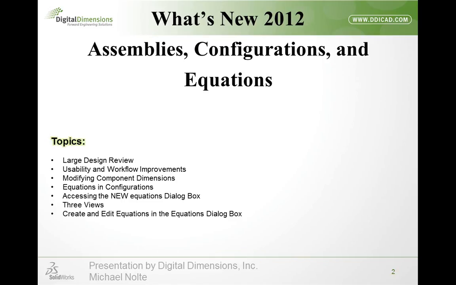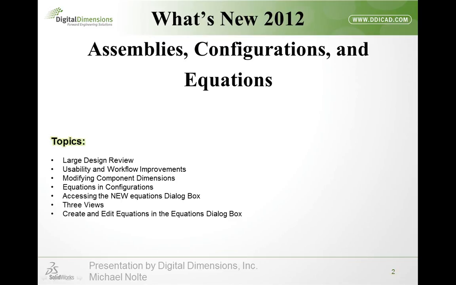Component dimension changes, that type of stuff. The equation one is kind of a big one this release. They've completely revamped it, and then kind of give us different ways of evaluating or looking at the stuff that we have. And then we'll actually go through and create some of these here too, so you'll be able to see all that.